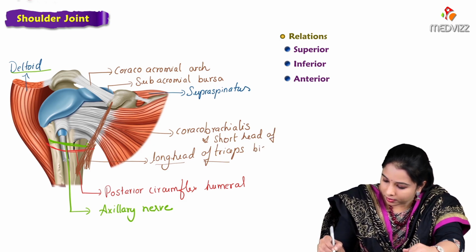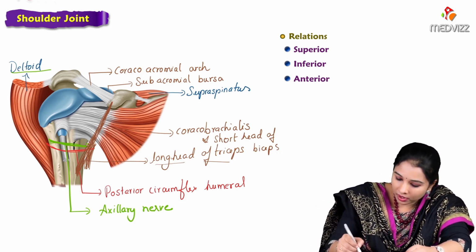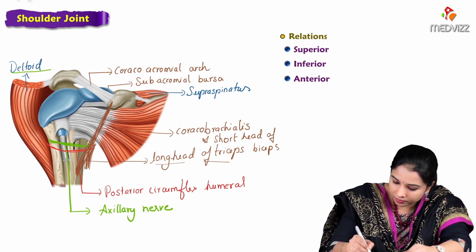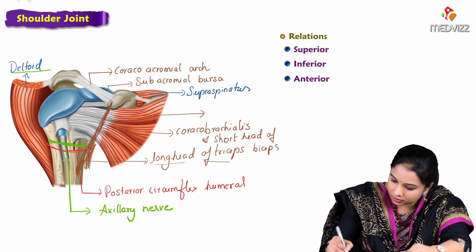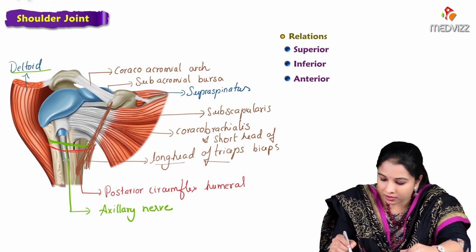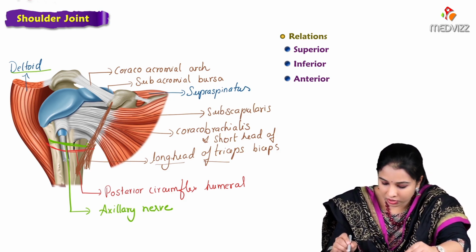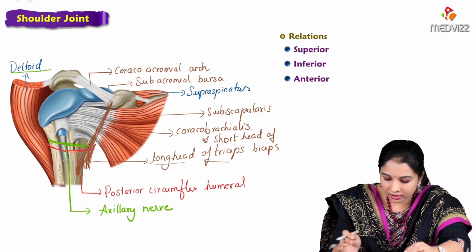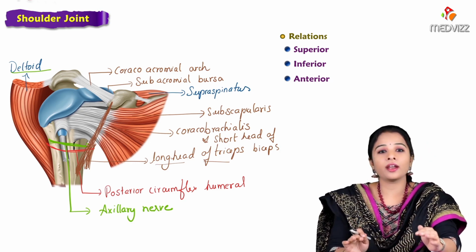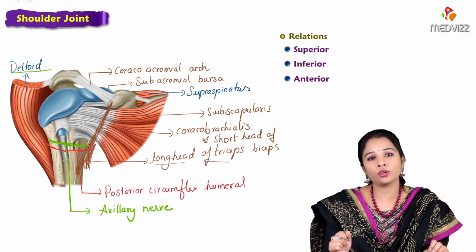It is also related to the subscapularis, which lies more deeply. In front of it are the coracobrachialis and short head of biceps, and still more it is covered by the anterior fibers of deltoid. So these are the anterior relations of the shoulder joint.